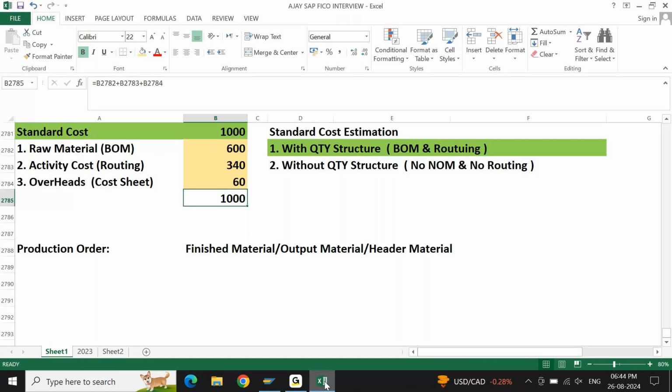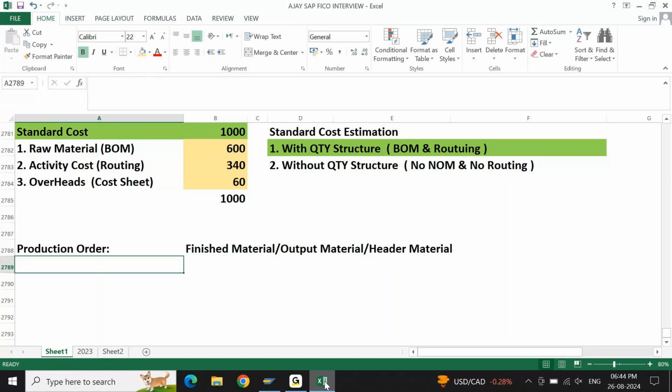So, according to this, we know that the production order you are going to create for a header material or for a finished material is going to cost 1000 per unit. It can be kg, it can be liter, it can be anything, but per manufacturing is going to cost you 1000.